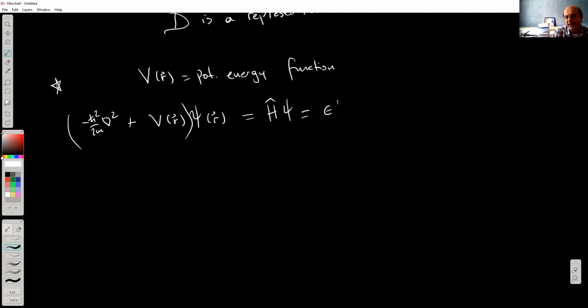This is epsilon psi. The symmetric condition is this. You can express it like this, but the symmetric condition can also be expressed in a different way.